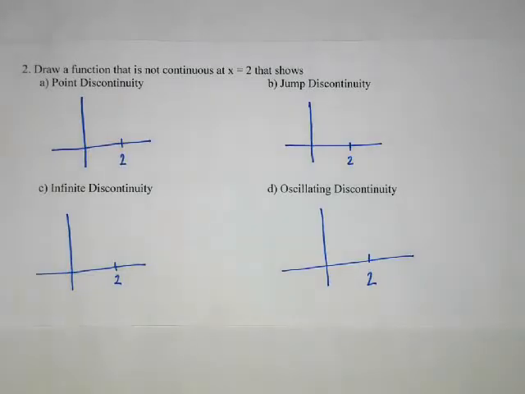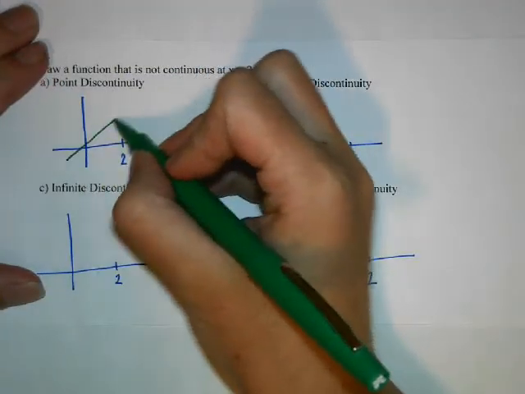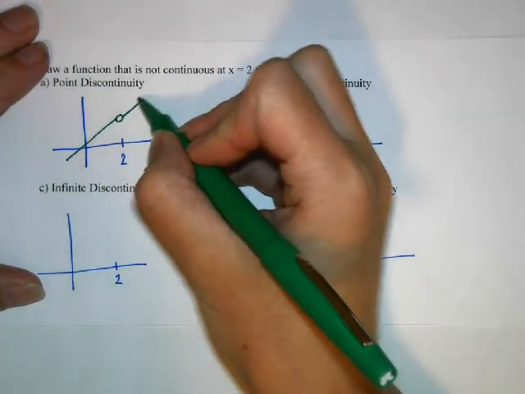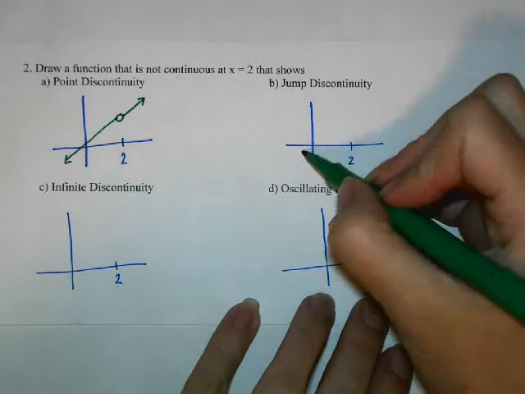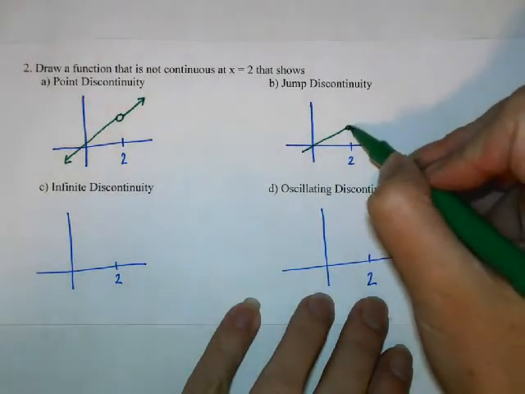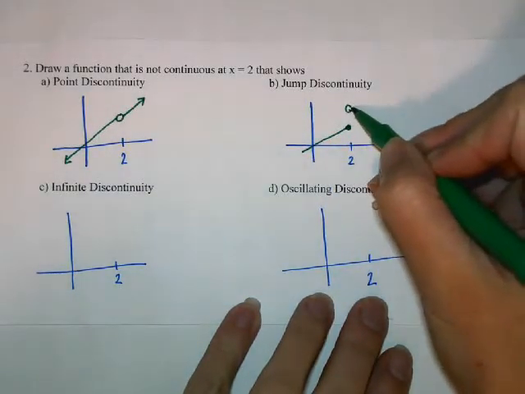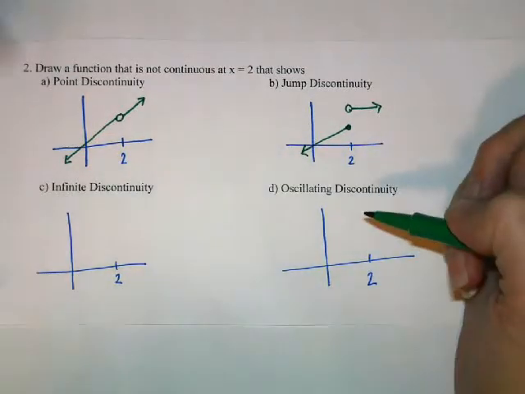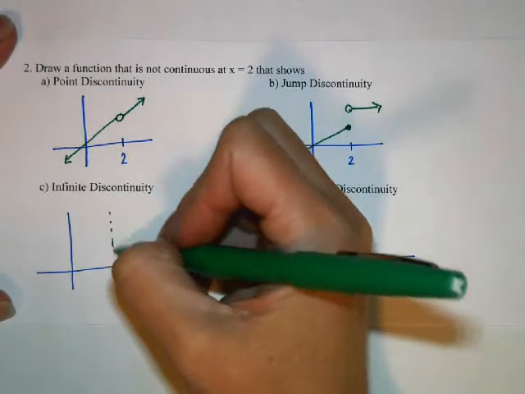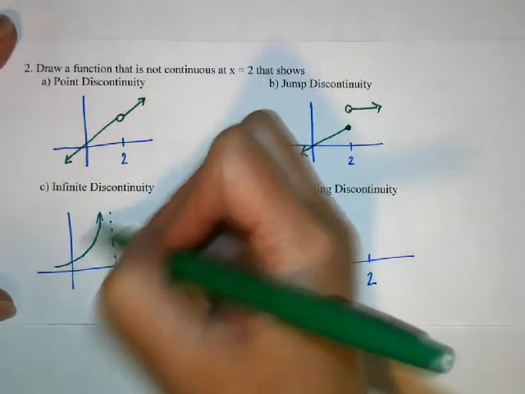A point of discontinuity can look like this, where you have a hole on the graph. Jump discontinuity, it jumps like that. Infinite discontinuity means there's going to be an asymptote.